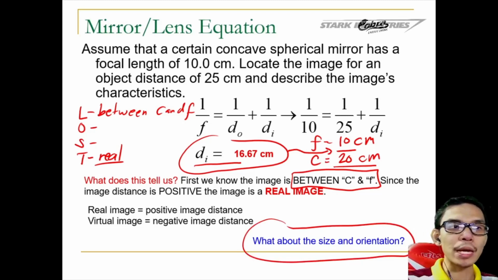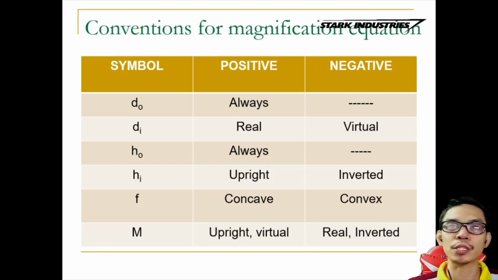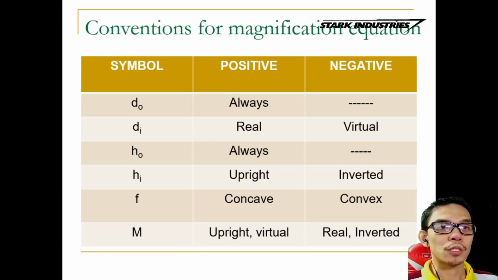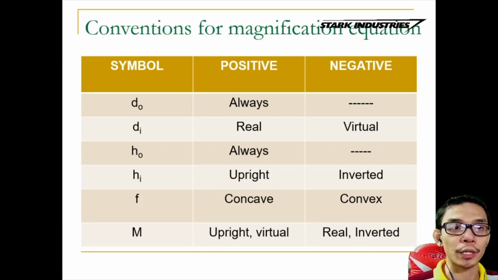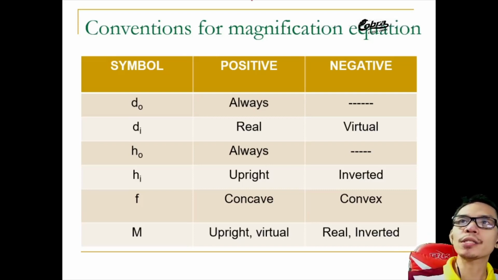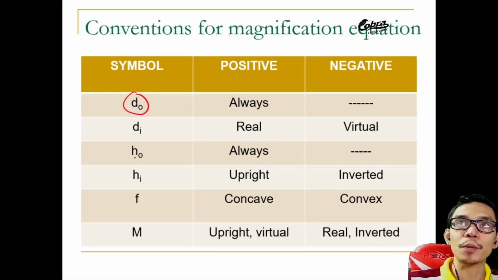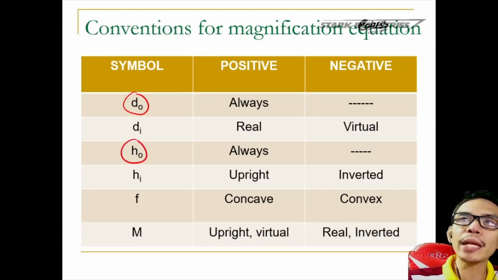But before we go to the size and orientation of the image, let's take a look at some conventions. You should remember this convention before you start working on word problems related to mirrors and lenses. Starting first with the distance and height of the object, they are always positive.